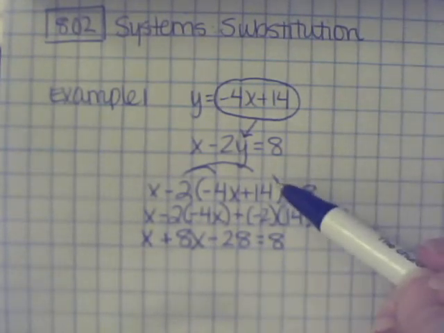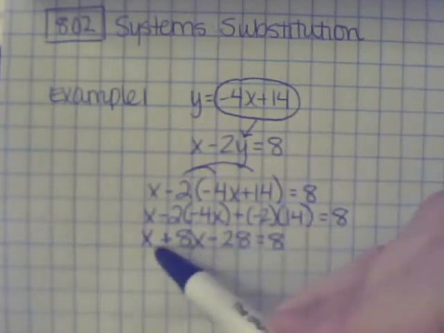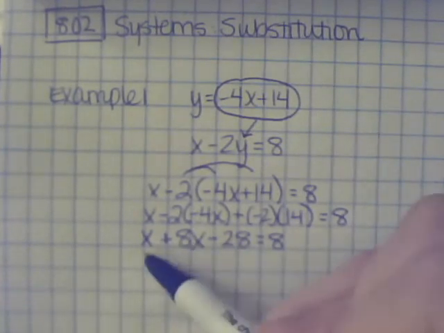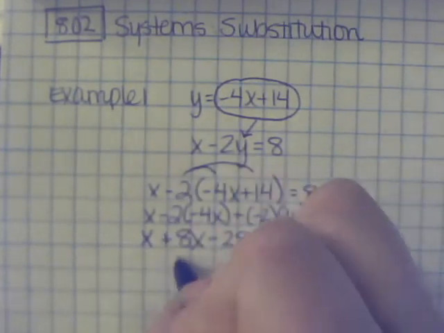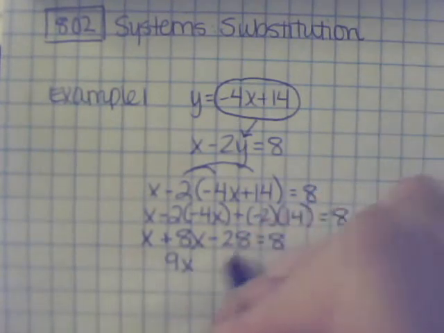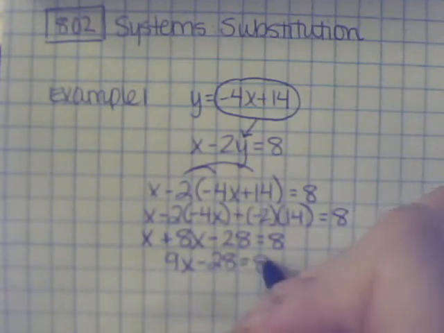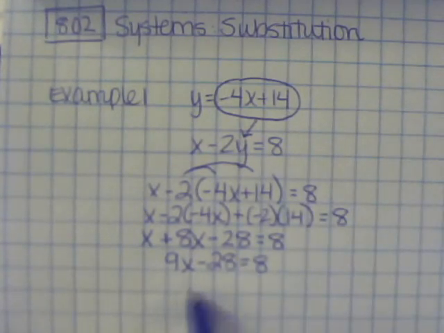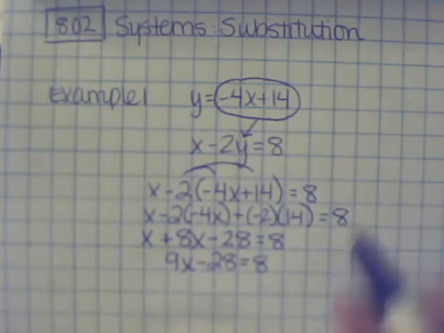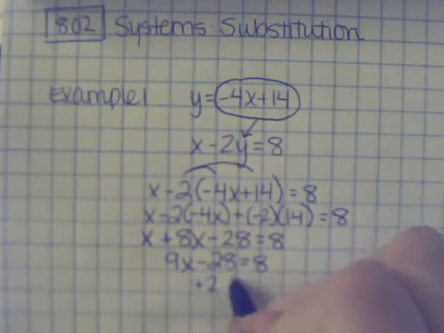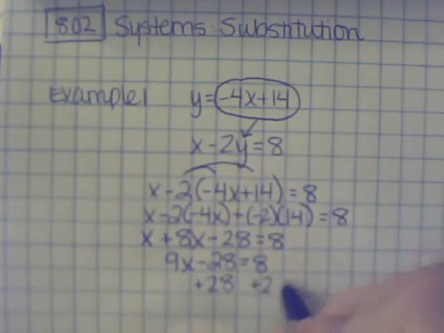After I distribute and simplify, I need to add my like terms together. X plus 8x is 9x. Copy down the minus 28 equals 8. Now I have a two-step equation that I can solve to get x. So I add 28 to both sides.